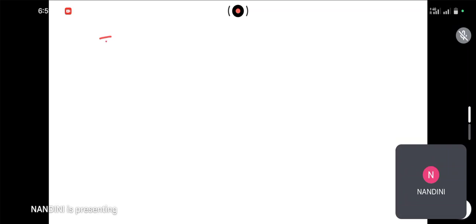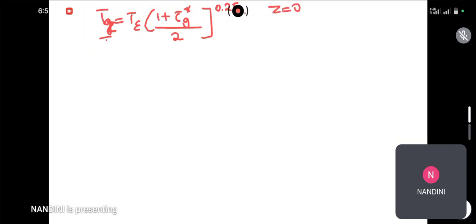So at z equal to 0, this is the temperature at z equal to 0.